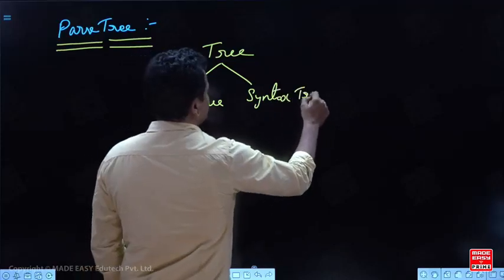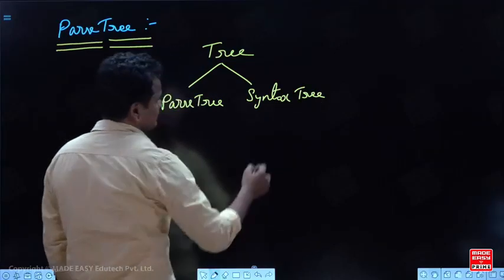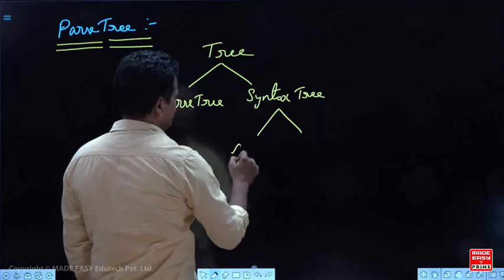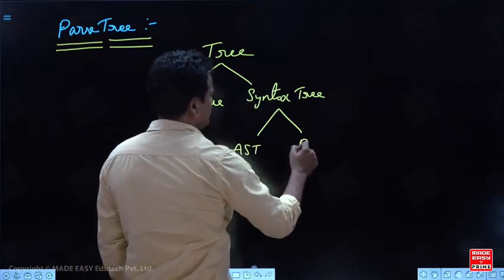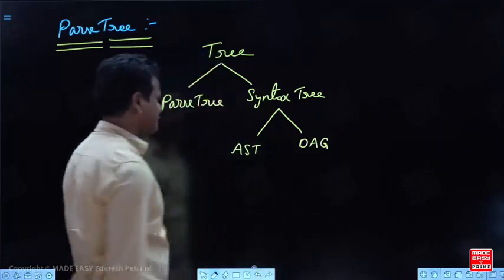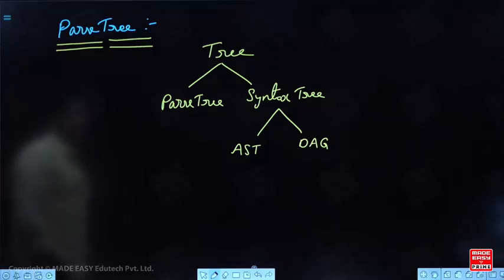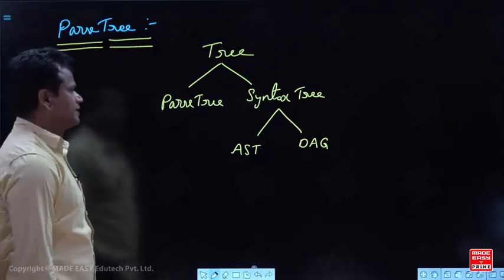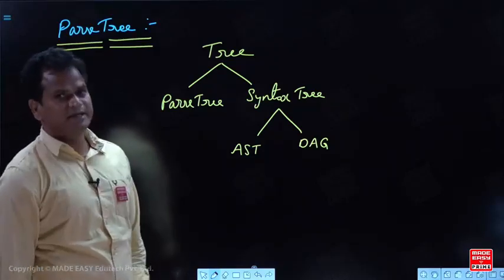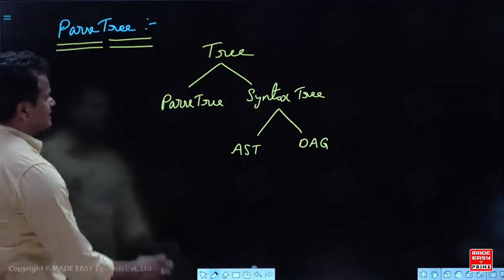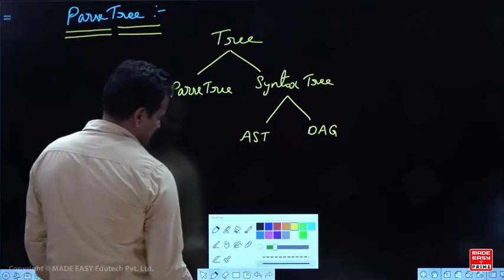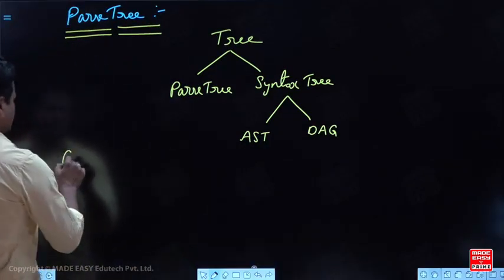In syntax tree, it can be abstract syntax tree or directed acyclic graph. So tree can be either parse tree or syntax tree, and coming to syntax tree, it can be divided into abstract syntax tree or directed acyclic graph. What is parse tree?